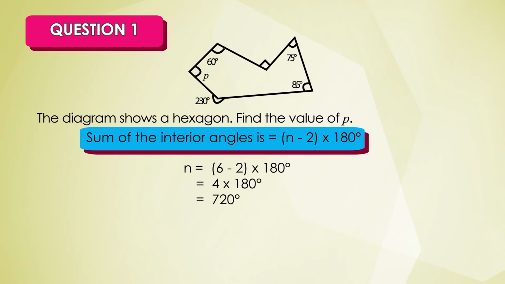The conjugate angle of 90 degrees is 360 degrees minus 90 degrees, which is equivalent to 270 degrees.